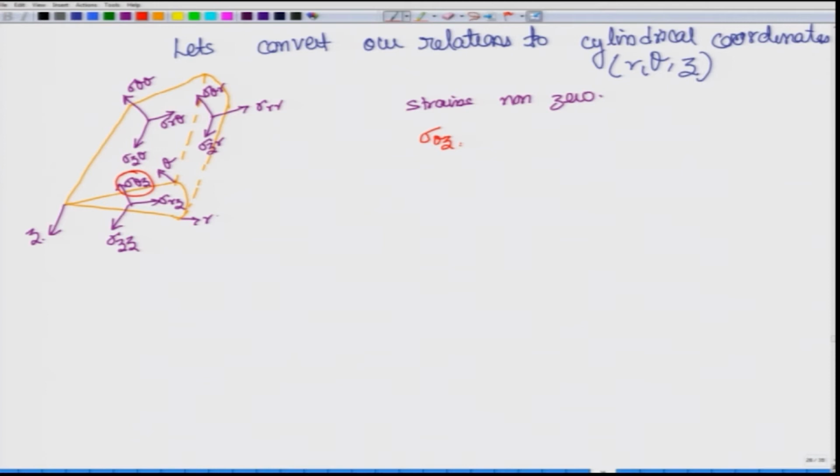And if sigma theta z is non-zero, then to balance, since this is a shear stress, okay, I am talking about strain here. So, epsilon theta z is non-zero, which means epsilon z theta is also non-zero. And it is not very difficult to convince yourself that all other terms in terms of strain would be 0.